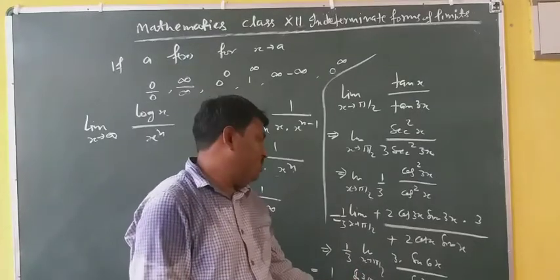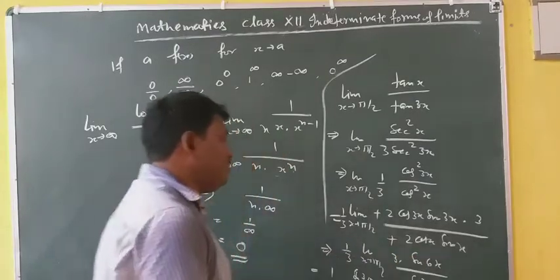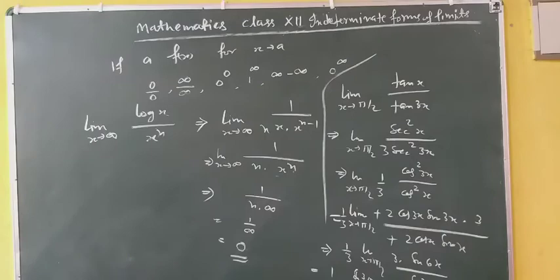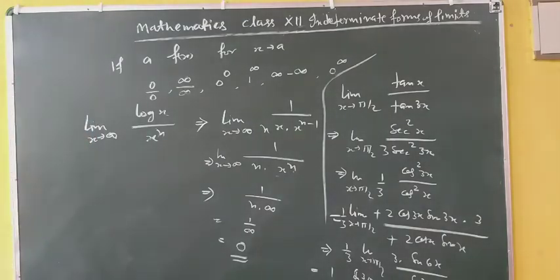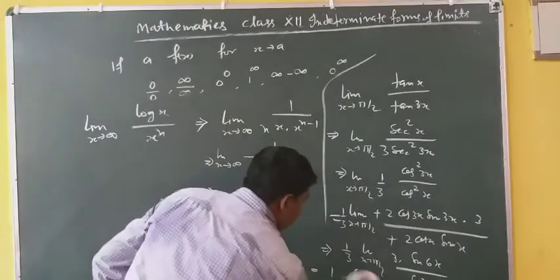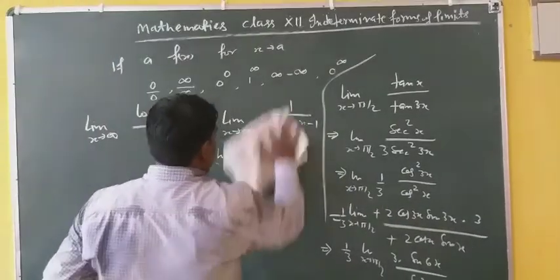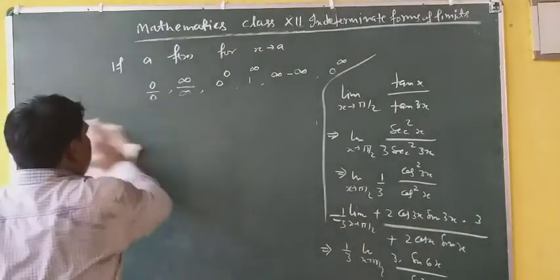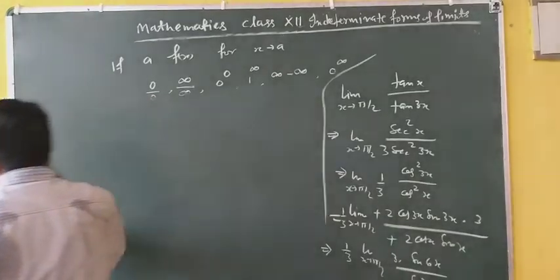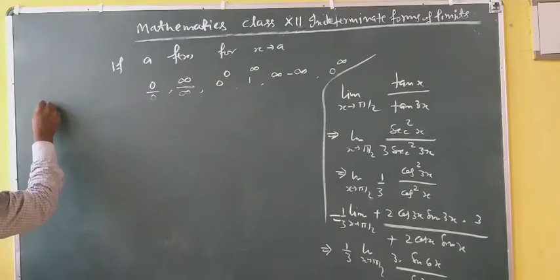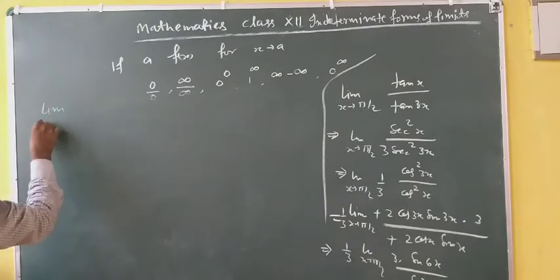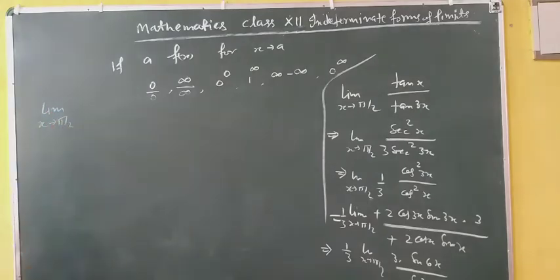That's why once again you need to differentiate. Okay. Since you are still getting an indeterminate form, hence once again differentiating, limit x tends to pi by 2.